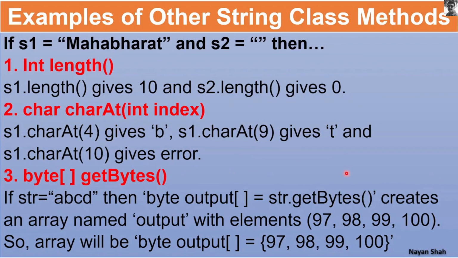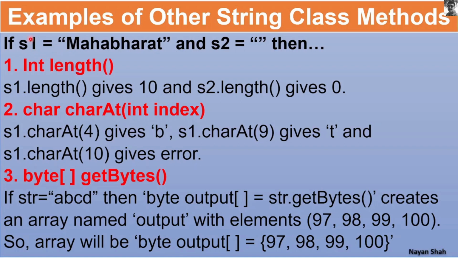Let us see examples. If S1 is equal to Mahabharat, that is string S1 is equal to Mahabharat, and string S2 is equal to blank, then int length, here the i should be small, but it is fine. int length, S1.length, will give you 10.